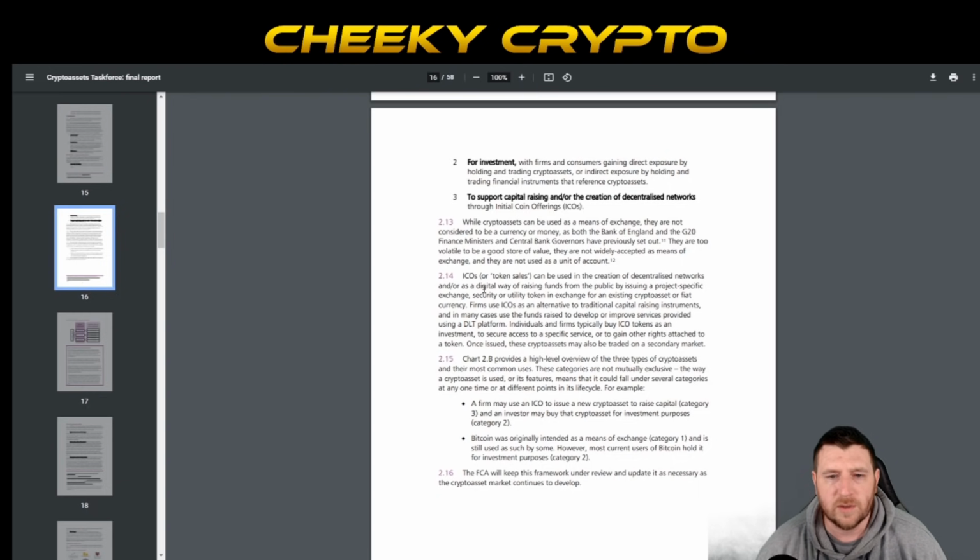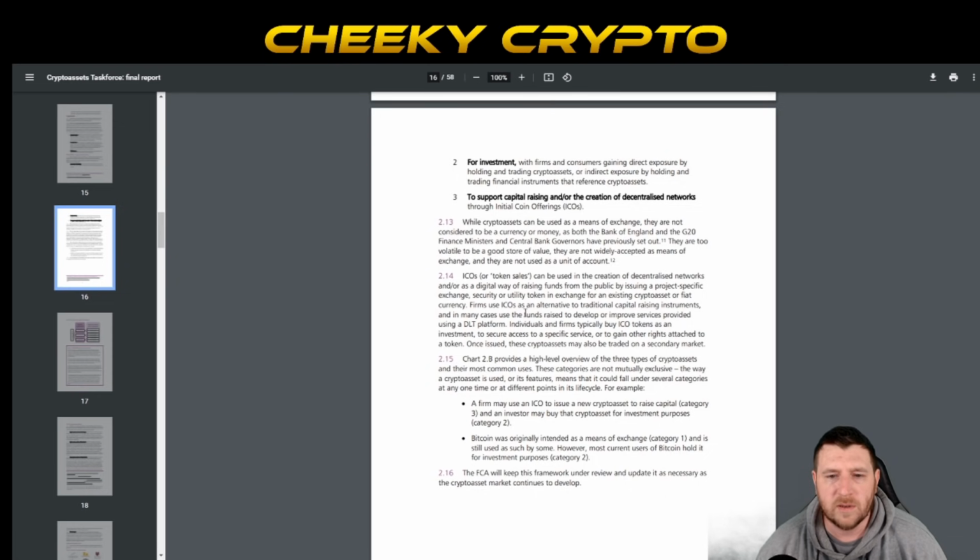2.14. ICOs, or token sales, can be used in the creation of a decentralized network and/or a digital way of raising funds from the public by issuing a project-specific exchange, security or utility token in exchange for an existing crypto asset or fiat currency.